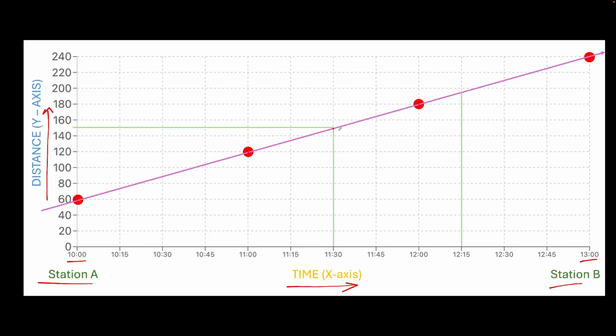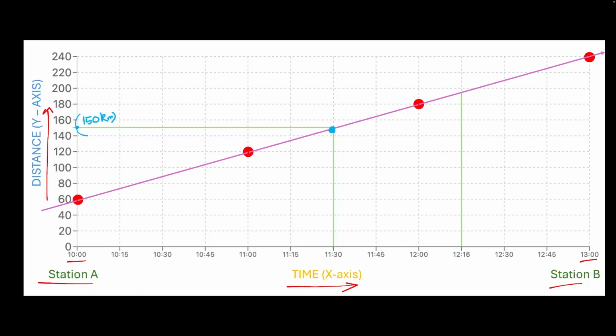At 11:30, the train is covering exactly in between 140 to 160, which is about 150. As you can see from the graph, this is the point. So when you plot at 11:30 and see where the line touches the y-axis, we're at 150 kilometers.